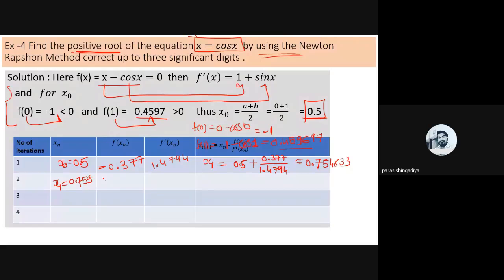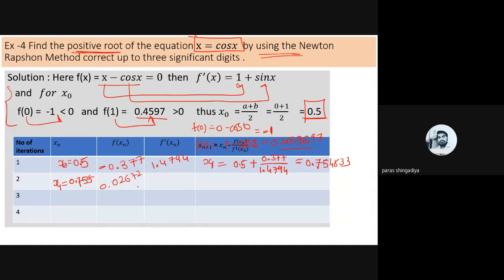Okay, so 0.755 minus cos 0.755. Not minus, that is plus. Yeah, it's 0.0267. Yes, good.